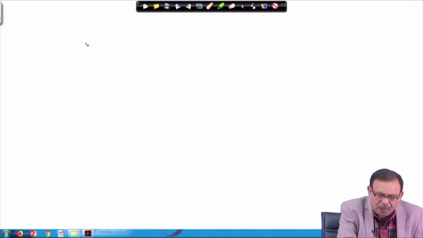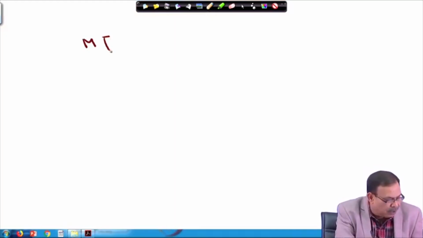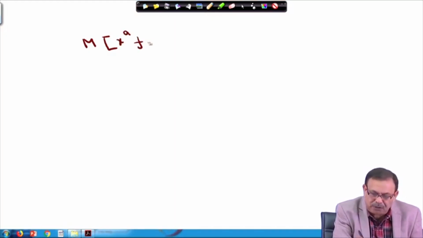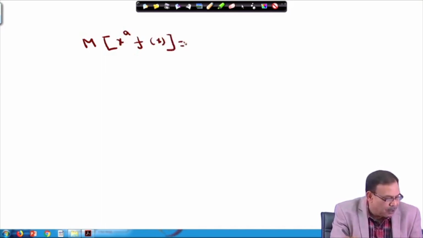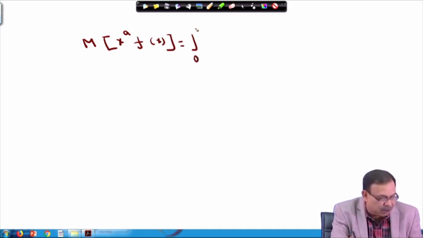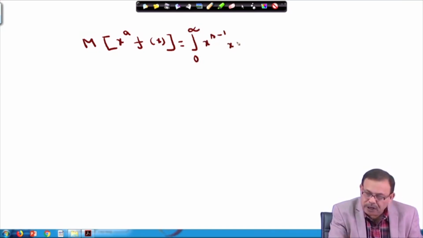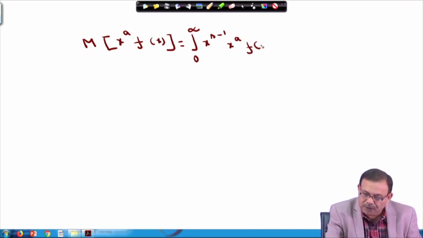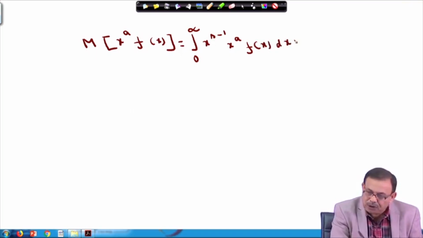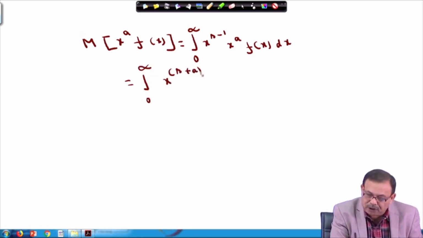Let us start with the Mellin transform of x to the power a into f(x). From the definition, this is the integral from 0 to infinity of x to the power s minus 1, x to the power a, into f(x) dx. So you can write the integral from 0 to infinity of x to the power s plus a minus 1, combining both powers of x, into f(x) dx.